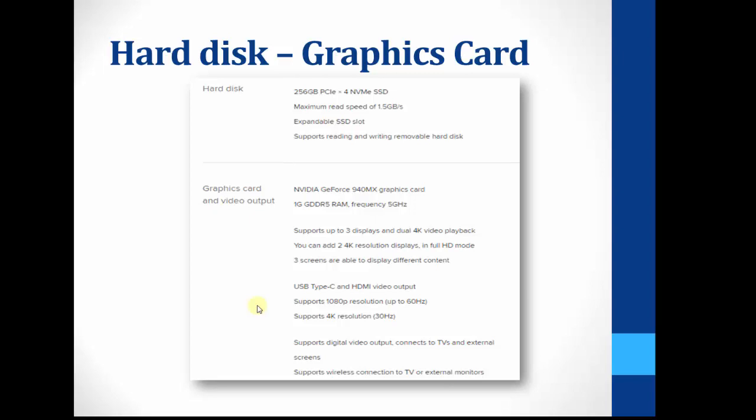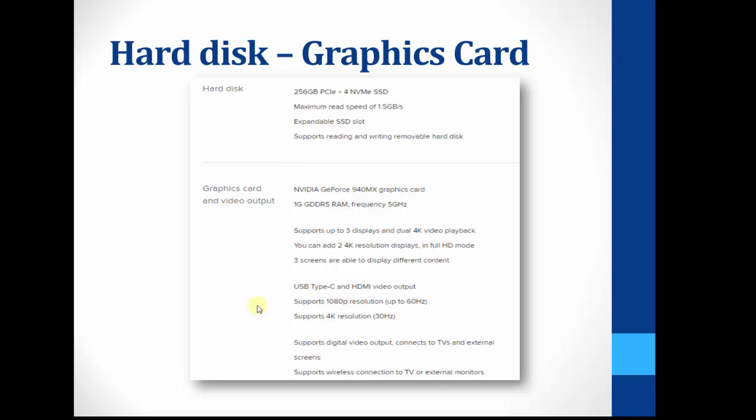Graphics: the NVIDIA GeForce 940MX graphics card is provided dedicatedly for visualization and display purposes, and supports up to 3 displays. With dual 4K video playback, you can add 2 4K resolution displays in full HD mode, and the 3 screens are able to display different content at the same time.